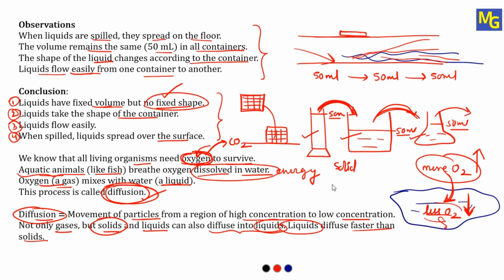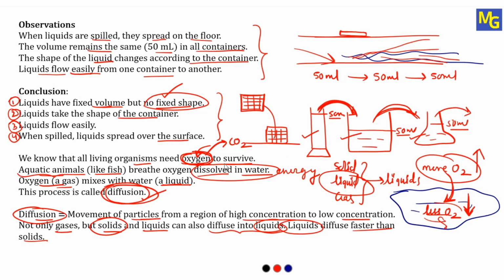Solid can be diffused, liquid can be diffused, even gas. All three states of substances can be diffused into the liquids or mixed into the liquids. But if you see the speed, liquid mixing in the liquid is highest compared to solids and gases. So this was the point which I wanted to explain here.